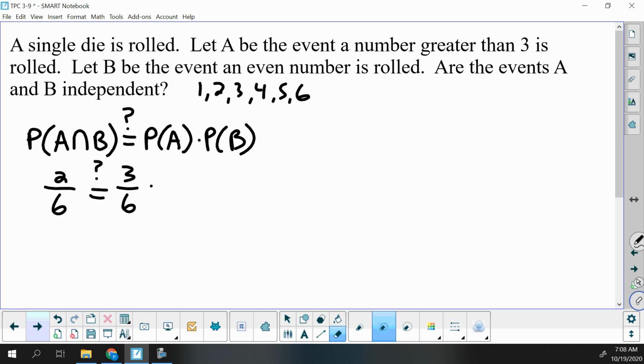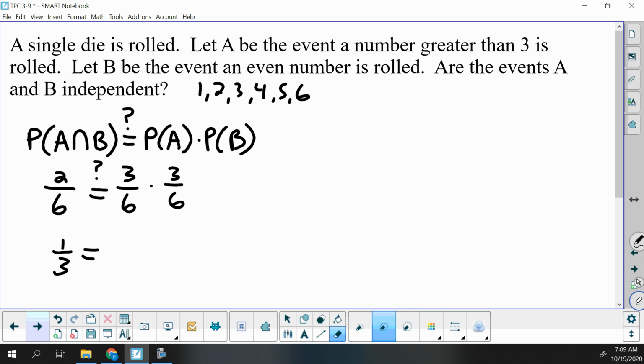Times probability of B on its own. Well, that's our even numbers, 2, 4, and 6. So we also have 3 out of 6 for that. Now we just have to multiply and neaten these up. Even the one that has only one fraction, you always want to reduce it. Remember, your calculator will reduce things if you just type them in. So this is going to give us 1/3.